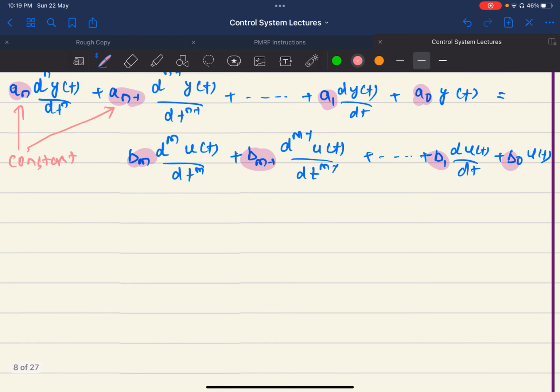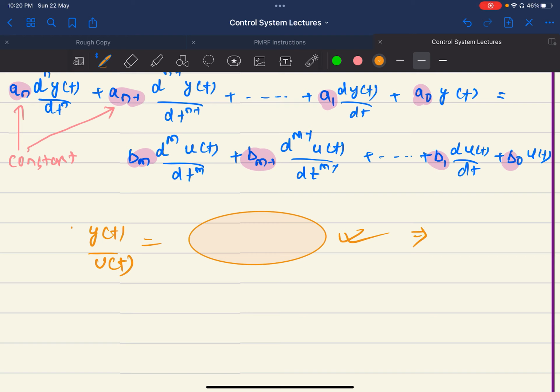What we want is how my output changes with the input. This is all we want. If we get some expression here, then our life is easier, because we can predict, whatever input u we give, what the output y will be.